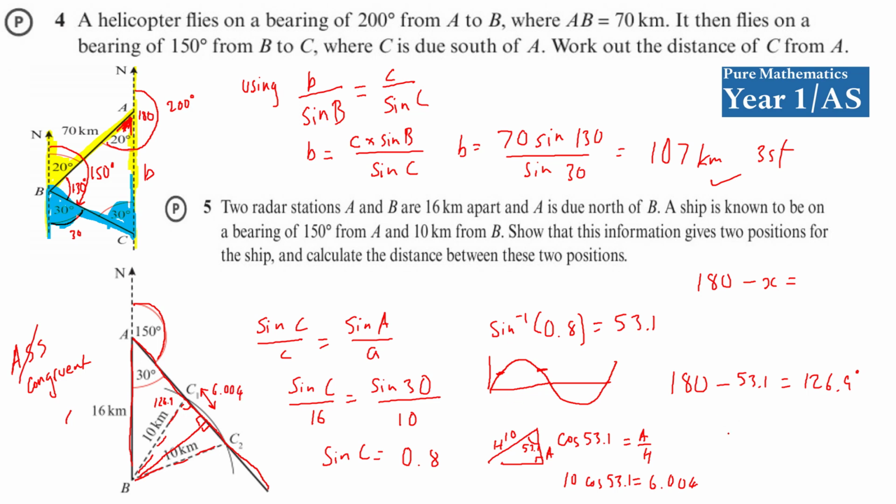So we just times that answer by 2 to get 12.008 kilometers, and if we were to round that to three significant figures, that will just be 12.0 kilometers, and that question is complete.